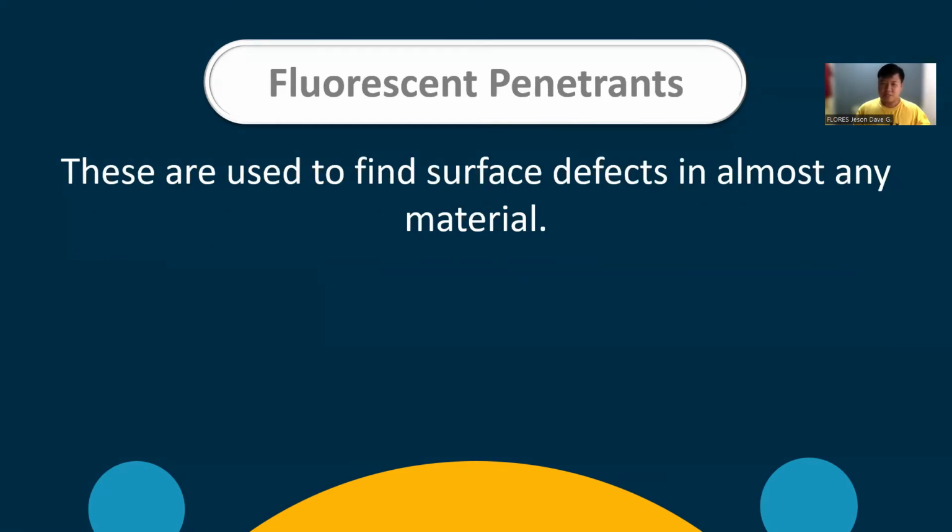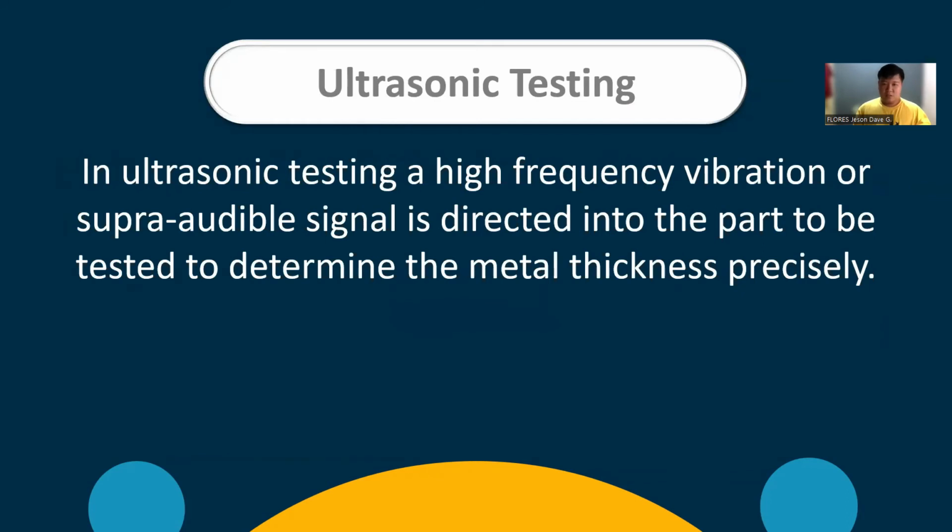Next is the fluorescent penetrants. These are used to find surface defects in almost any materials. Next is the ultrasonic testing. In ultrasonic testing, a high-frequency vibration or supra-audible signal is directed into the part to be tested to determine the metal thickness precisely.